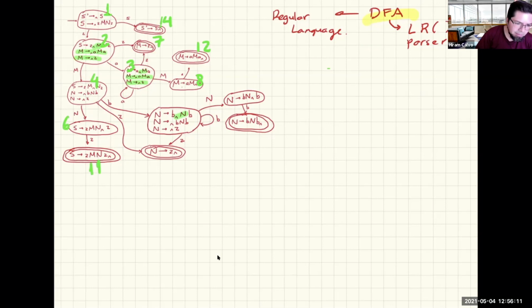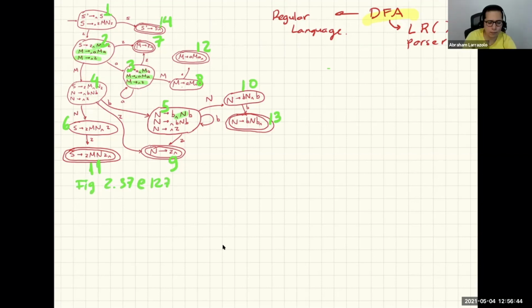This is with B. 4 and B goes to 5. 5 and Z goes to 9. 5 and N goes to 10, and 10 and B goes to 13. That's it. So don't worry if you wonder where the teacher took these numbers from. Well, it's actually from figure 2.37 at page 127, just if you want.